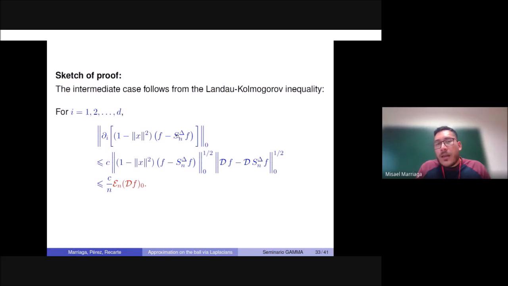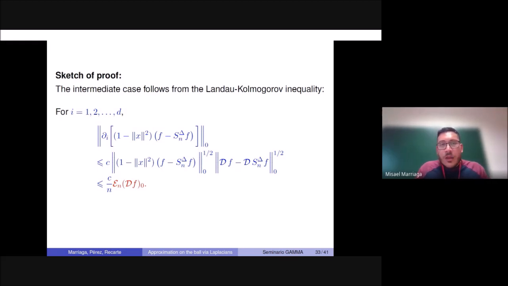But the Laplacian of this function is just the calligraphic D of f and s, okay? So I already have these two bounds. I put them together, and I have the bound for the partial derivative that I wanted to prove, okay? So that was the big theorem, okay?